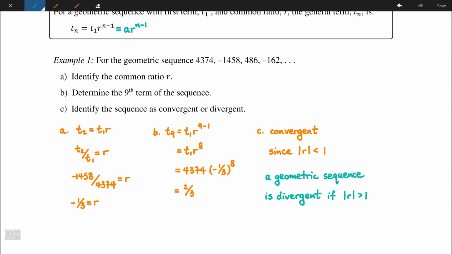Because if you just multiply by a common ratio of 1 or negative 1, if you just multiply by 1, then of course each term will be the same number. Then it's just a constant sequence. And then if it's negative 1, then the number just alternates. So let's say the first term is 3. Actually, I should probably write this down.